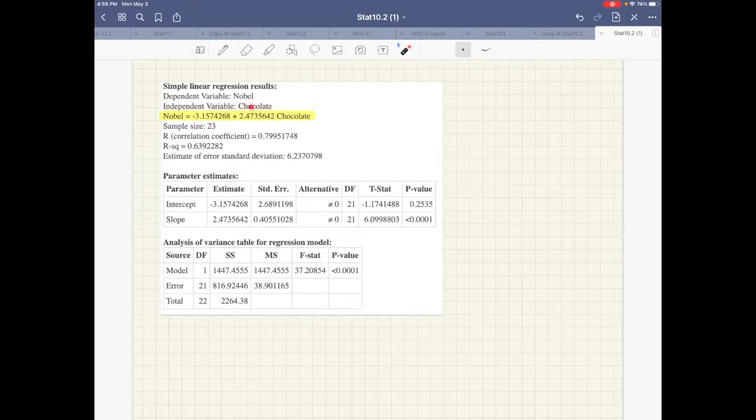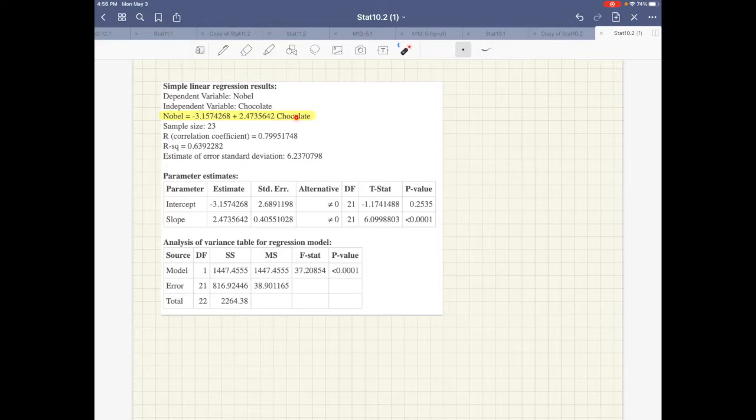Independent variable is chocolate, so chocolate represents x. Dependent variable is Nobel. Nobel represents y. Y equals negative 3.157 plus 2.473 times x.